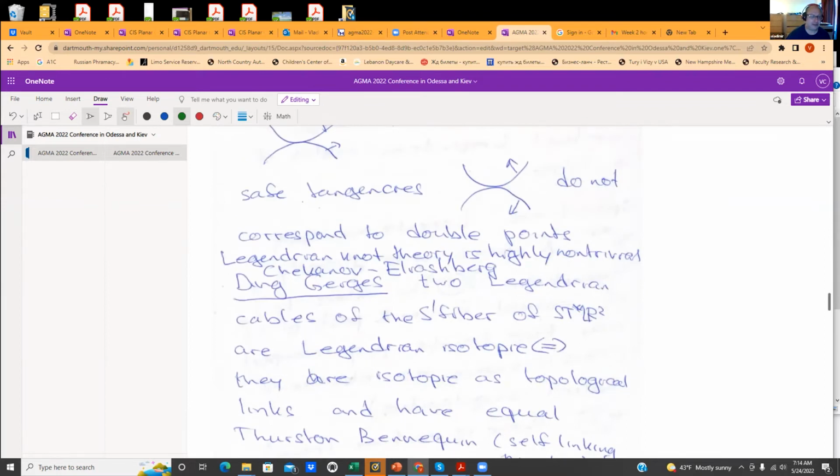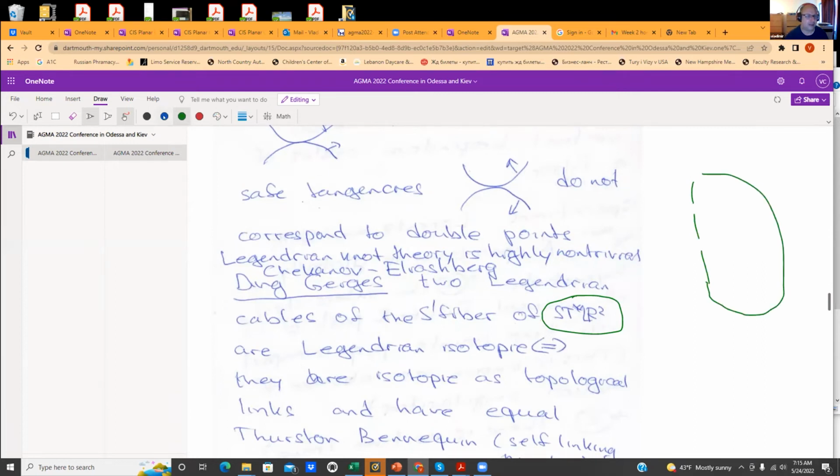Yakov Eliashberg's student Fan Ding and Hansjörg Geiges proved the following fact. If you talk about the spherical cotangent bundle of R^2 with the natural contact structure, and you have a fiber of the spherical cotangent bundle, so you have a fiber with a point, and you have a cable of, well, I cannot draw a cable because I didn't leave space, so let us try to draw a cable.